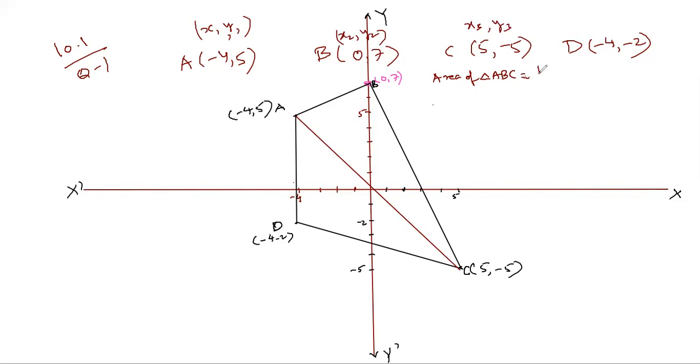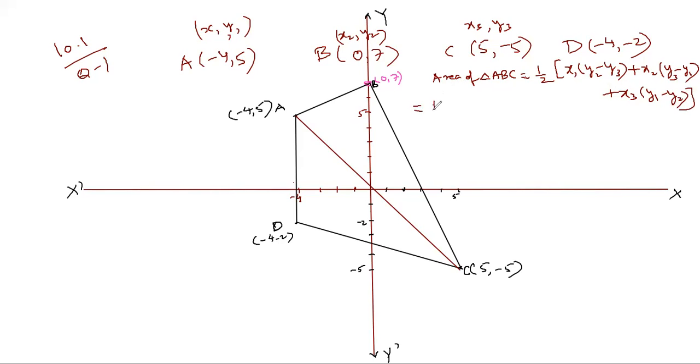So our formula is 1 by 2 [x1(y2 minus y3) plus x2(y3 minus y1) plus x3(y1 minus y2)].